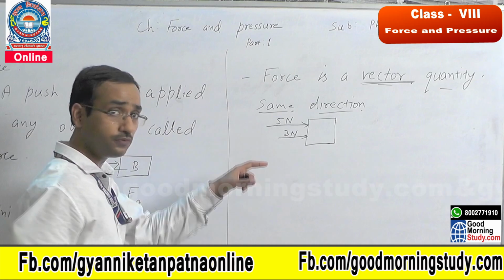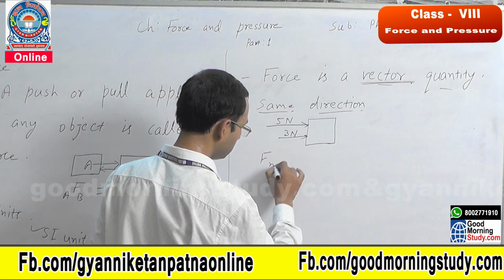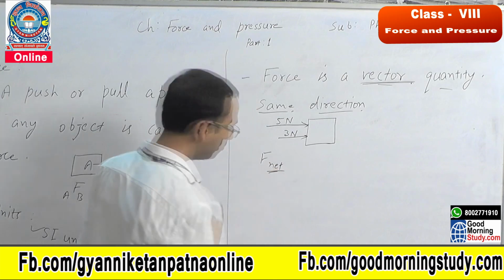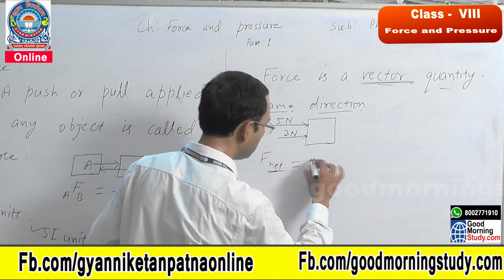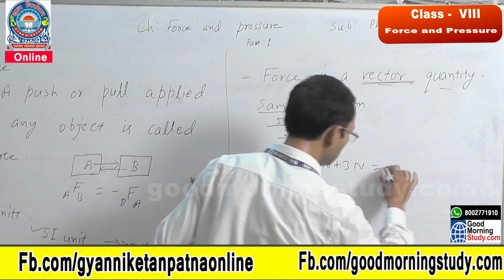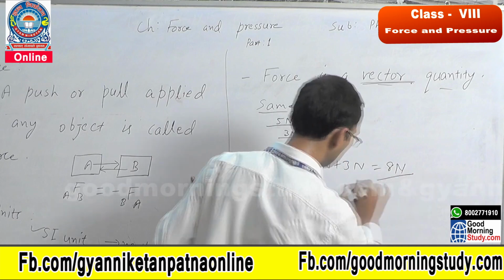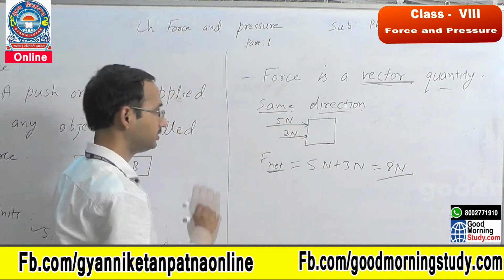So the resulting force, that is F net, the net force meaning resulting force, will be equal to 5 Newton plus 3 Newton, which gives 8 Newton. That is the sum of all the forces acting in the same direction.